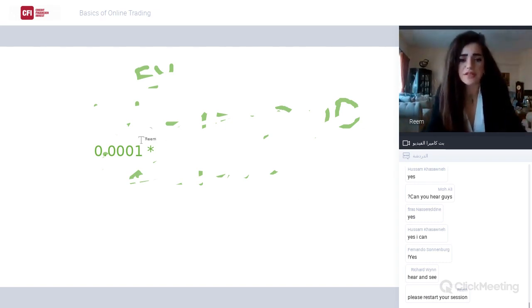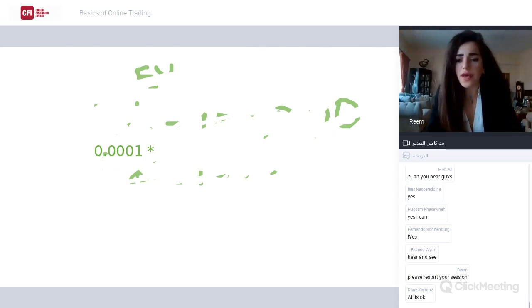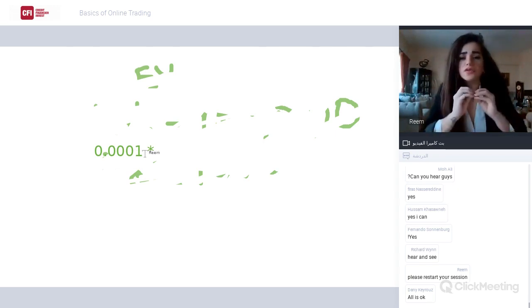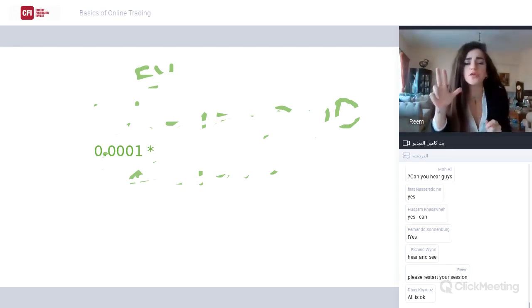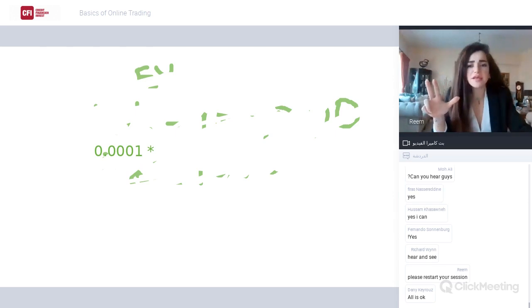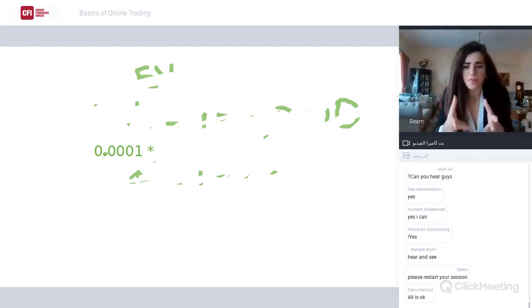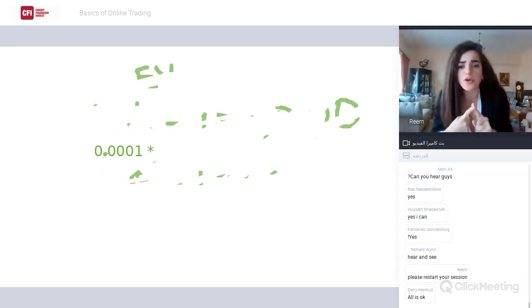Okay, guys, let me finish this fast. So the pip, as we said, is 0.0001, and you need to identify its value. The pip is the smallest measure unit. You need to know three main things to calculate its value. First of all, which currencies you are working on.